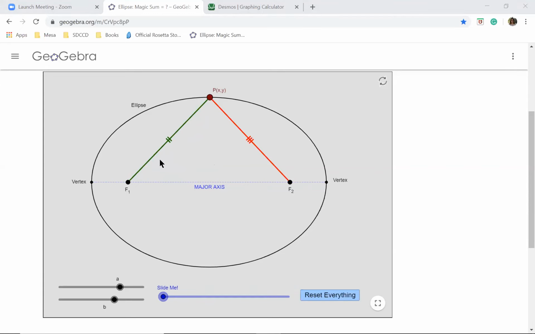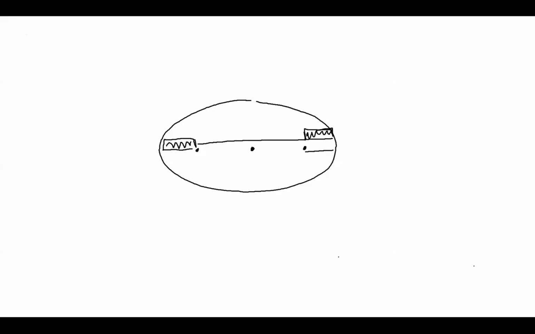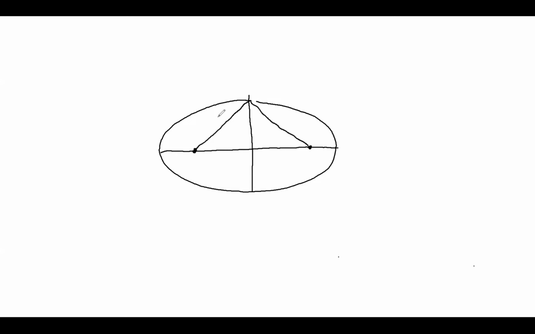So what does that mean? That means that when I have this drawn and I have these two line segments, this is the length of A, this length is C, and this length here is B. And that's where I'm getting that relationship, that A squared, which is the hypotenuse here, is the same as C squared plus B squared.